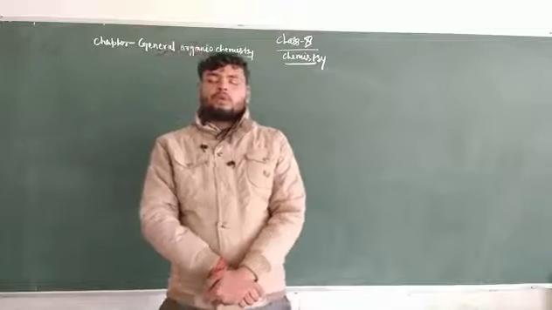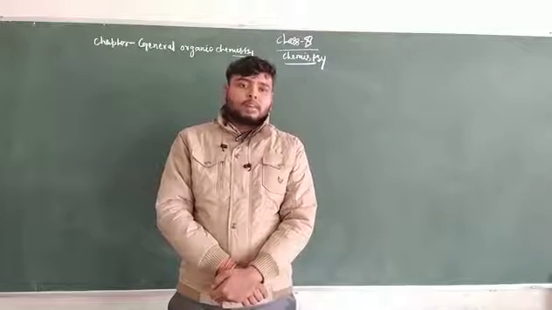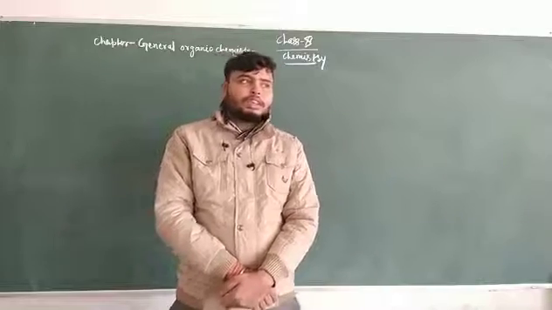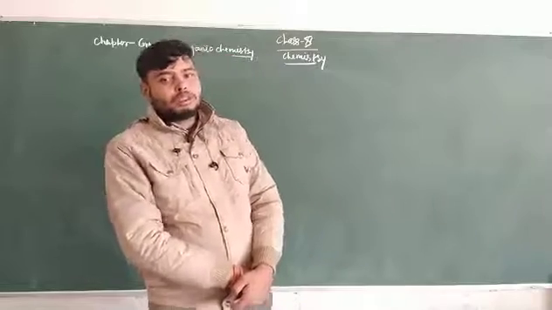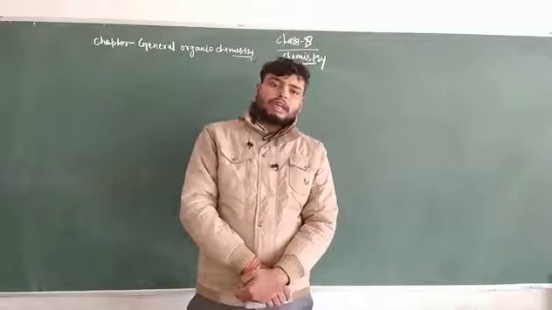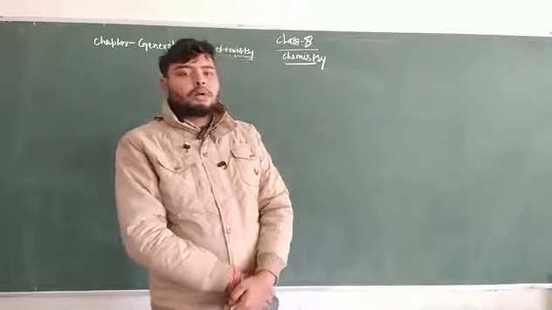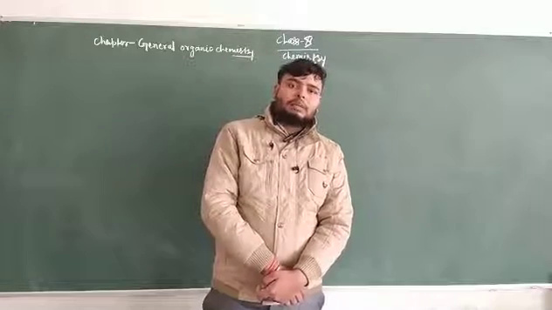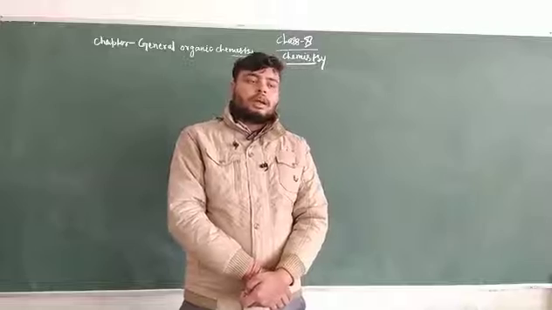The rules are: first select the parent chain, after that use the lowest locant rule, that means the substituents should get the lowest positions. After that use alphabetical order for the substituents, that means whichever comes first in the alphabet, you write first.